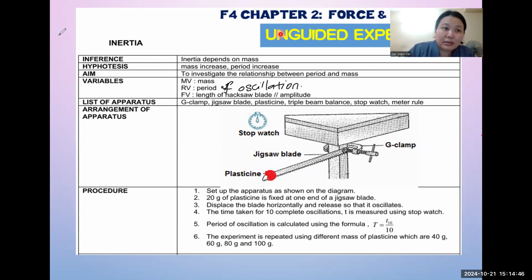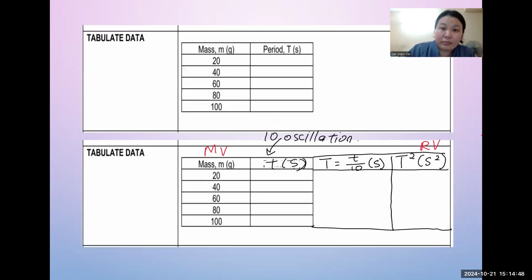And now next. Tabulate your data. Sometimes nowadays they can have many types of question. Sometimes they just will ask you to do this. Actually, they like mass. Can you not write mass? You just write M. Can.